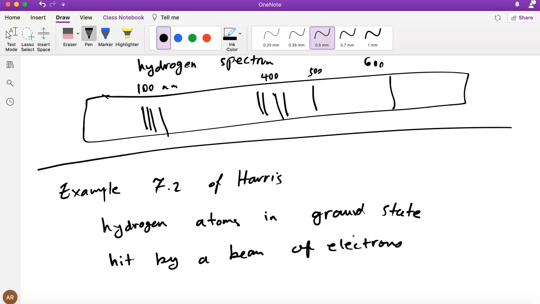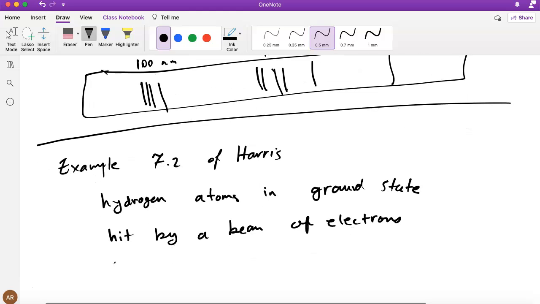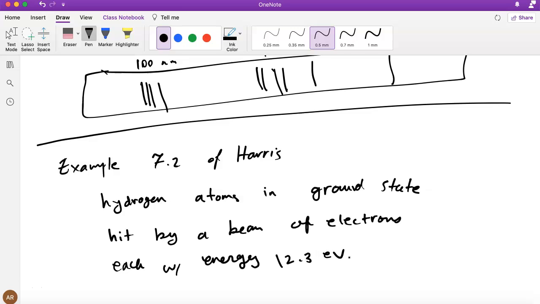And if they're accelerated by a potential of 12.3 volt, it means that each electron acquired an energy of 12.3 electron volts, right? Each with energy 12.3 electron volts. What wavelength will the hydrogen atom emit?